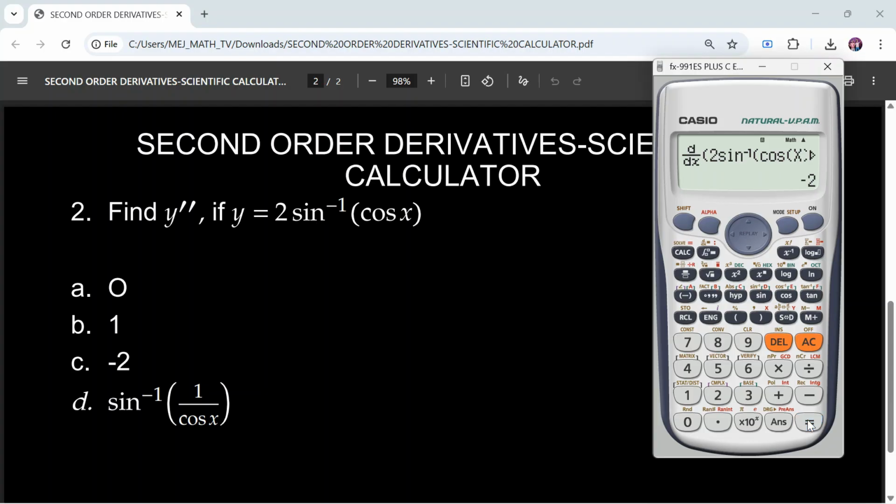So we are having negative 2. This negative 2 is the first derivative value evaluated at the point x is equal to 2. And so we are going to store this value as well. So shift store, and then we are going to store it as a. And then click on the add button.